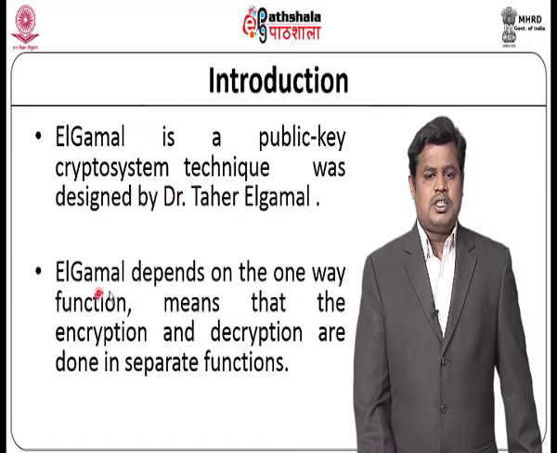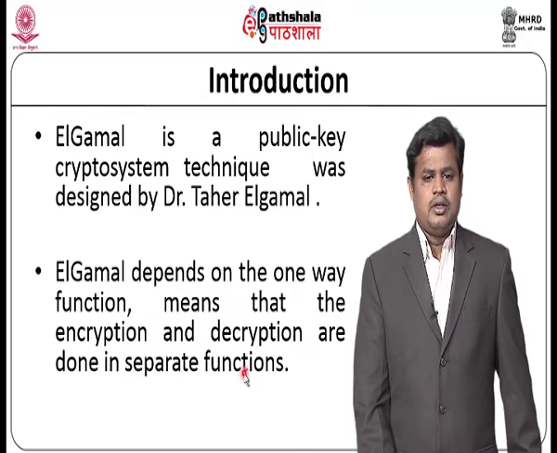Here ELGAMAL depends on a one-way function, meaning that encryption and decryption are done by separate functions. Suppose I want to encrypt, I have to use the encryption function, and similarly for decryption I have to go for the decryption function.